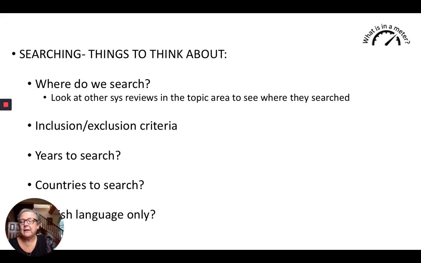If you're looking at effectiveness of an intervention, you would probably include any and every country for that. But if you were looking to see barriers and facilitators, you may want it in relation to the English context or the USA context.